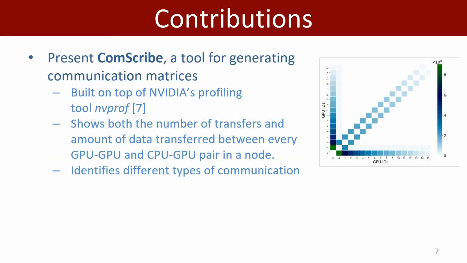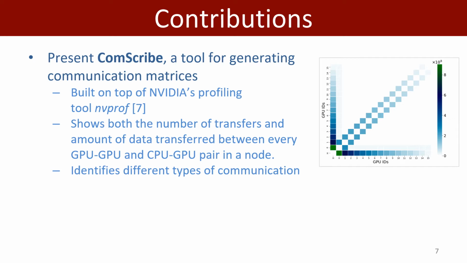In order to fill this gap, we present our tool ComScribe that can identify and quantify GPU communications, then represent them as communication matrices for single-node multi-GPU applications. An example of a communication matrix generated by ComScribe is shown on the right.